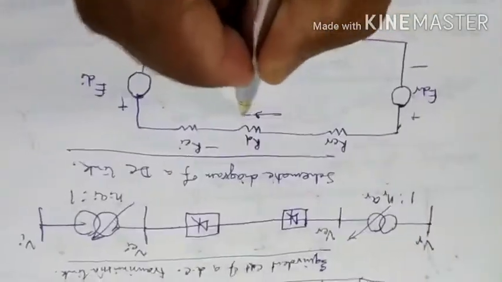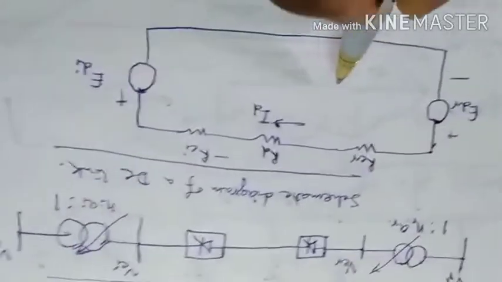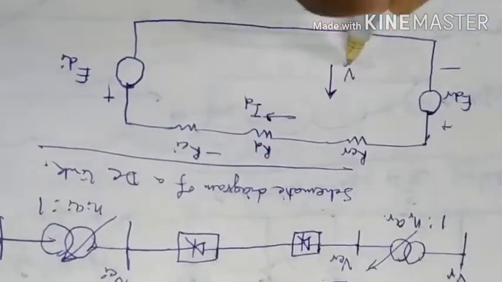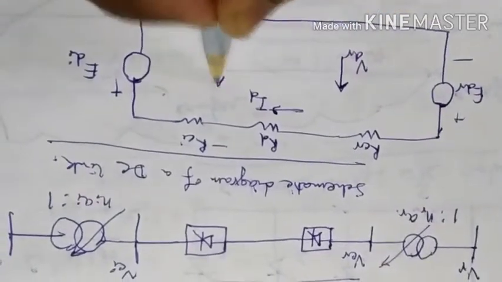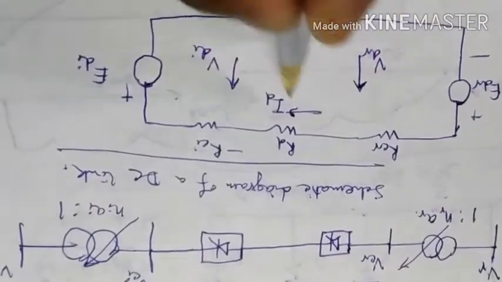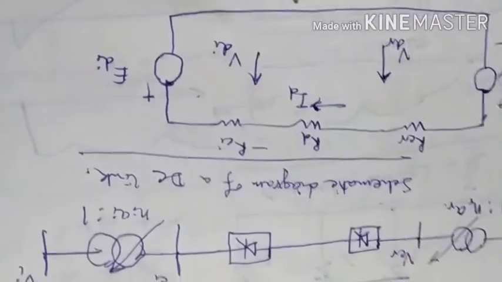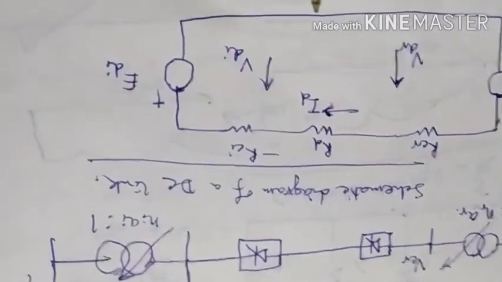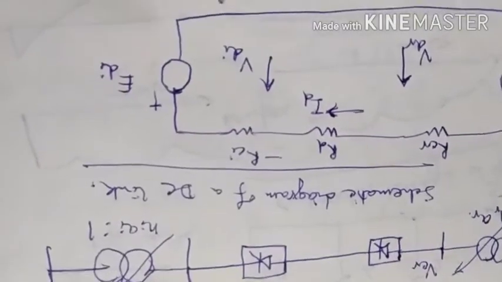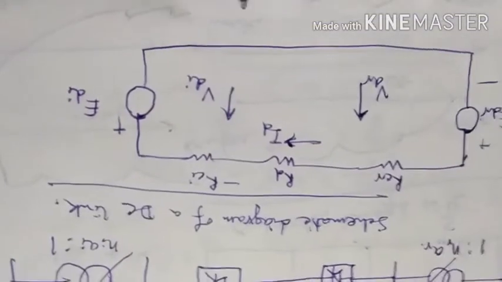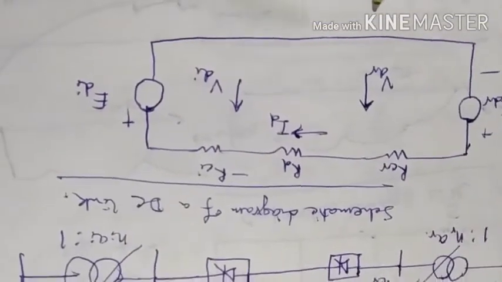And that current is ID. That is VDR, that is VDI. We have to find out ID, the current through the DC link. So this is the steady state equivalent circuit of a two terminal HVDC link.